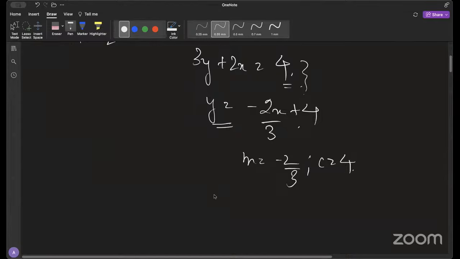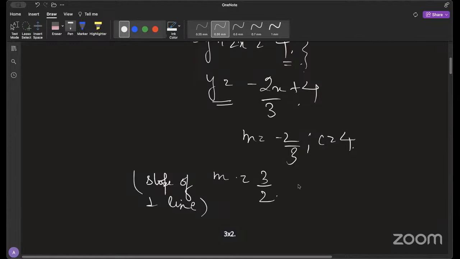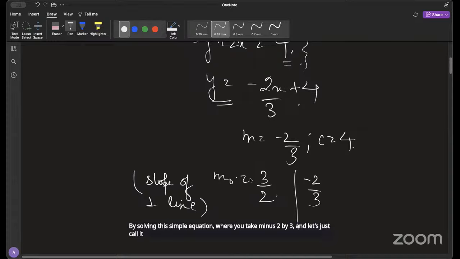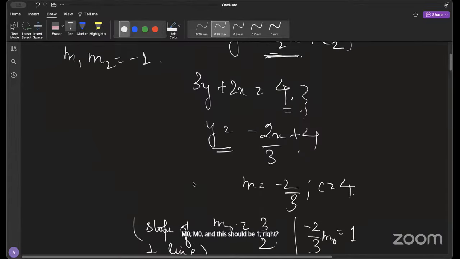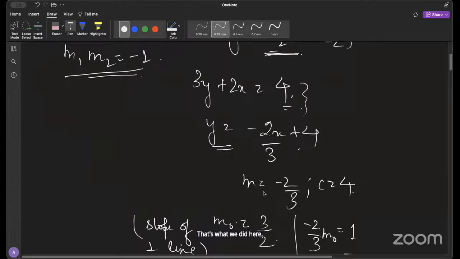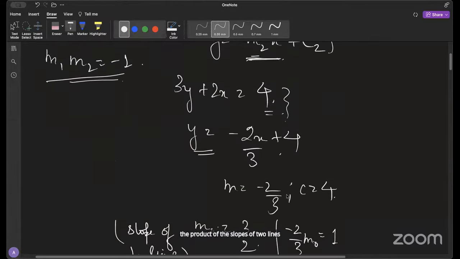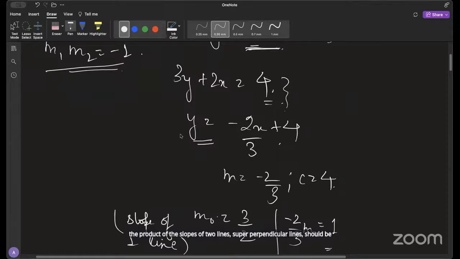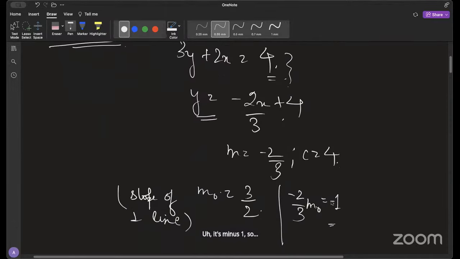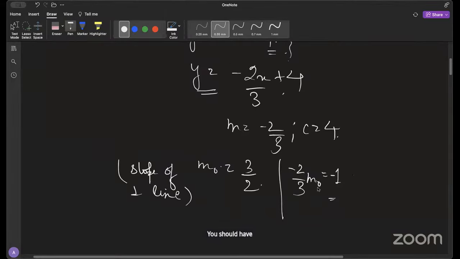So the slope of the perpendicular line will be 3 by 2. By solving this simple equation where you take -2 by 3 and call it m naught, the product should be -1, right? That's what we did here. The product of the slopes of two perpendicular lines should be -1, so you should have 3 by 2.